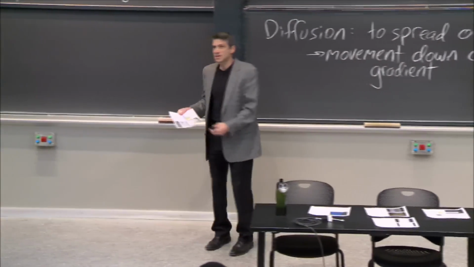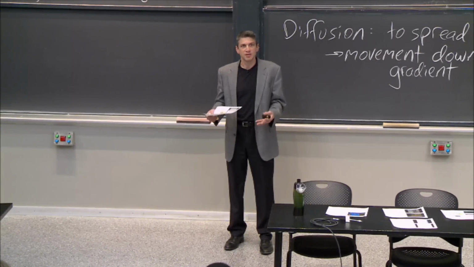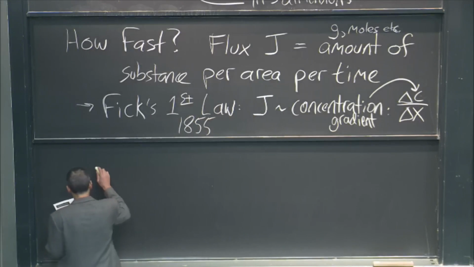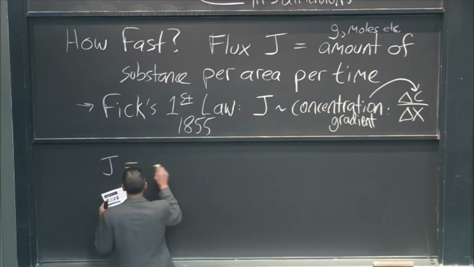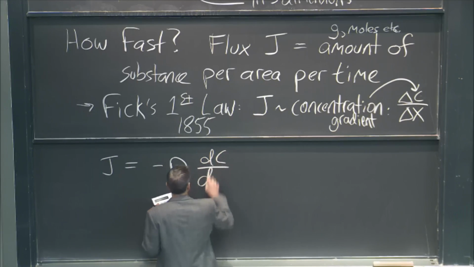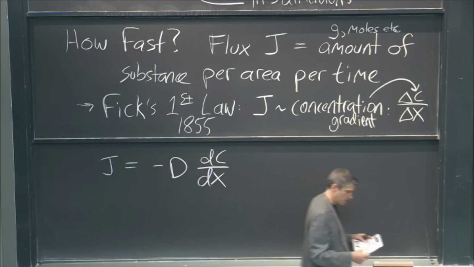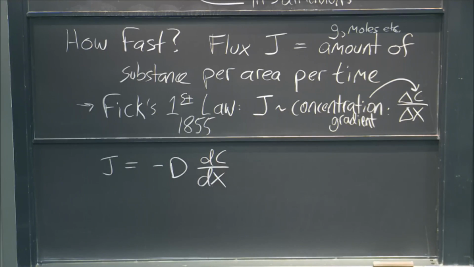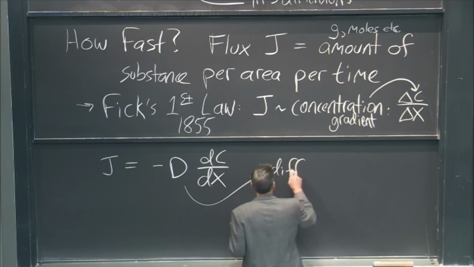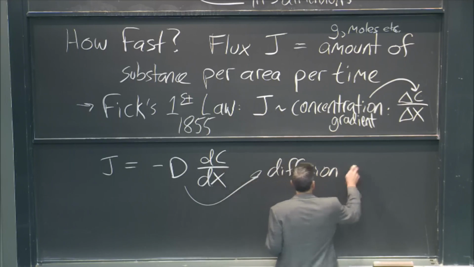And I notice that it depends on the concentration difference, right? And in particular, I like it when diffusion is positive, so J is equal to minus D times dc/dx. And that is Fick's first law. Gesundheit. And D is a constant. D is this constant again. So D is the diffusion constant. We'll talk about this.